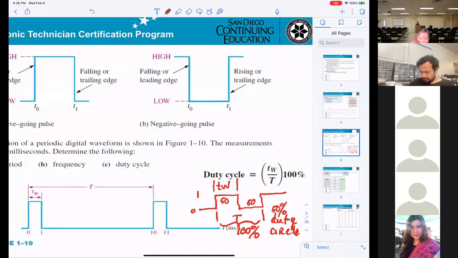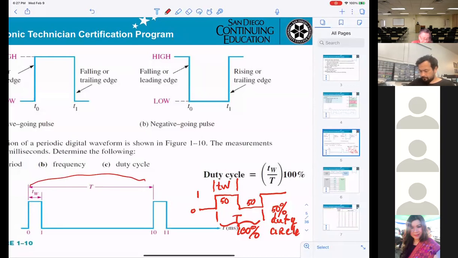Okay. For example, they want you to draw a 50% duty cycle. Then you must draw this one: 50 here and another 50. Okay. Now, on this one, how many percent do you take?